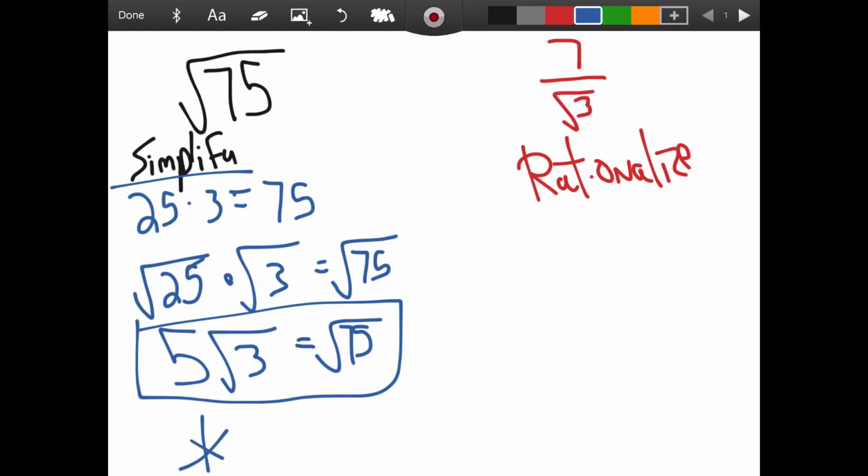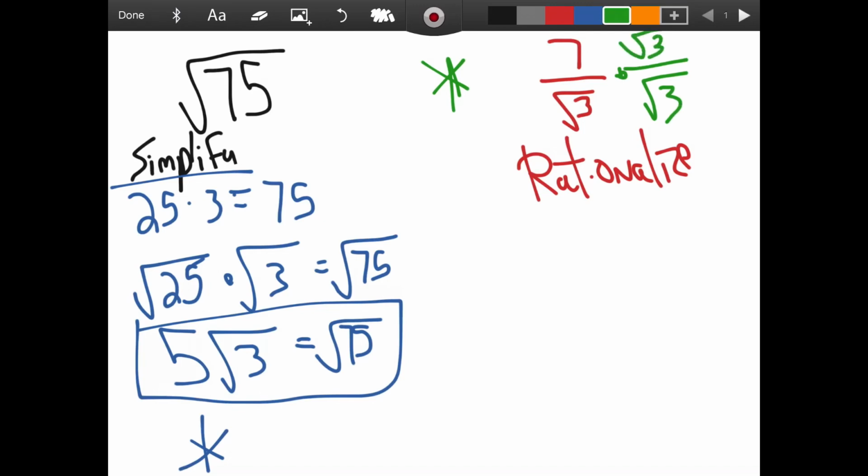Now, when we have something like this one on the right-hand side, in order to rationalize this, we need to multiply both the numerator and denominator by the value of the denominator, which of course is on the bottom. So we have to take this, and we have to multiply it by rad 3 over rad 3, right?